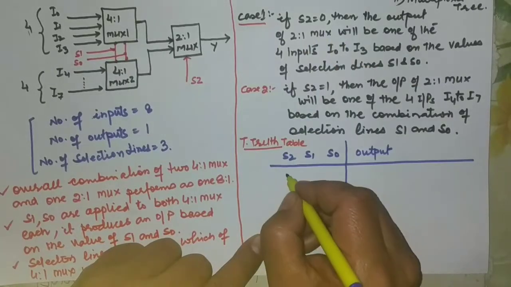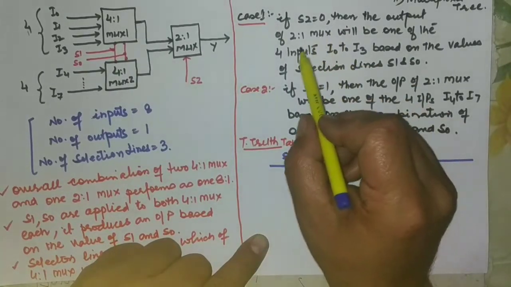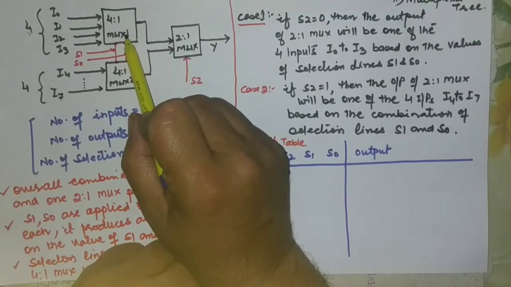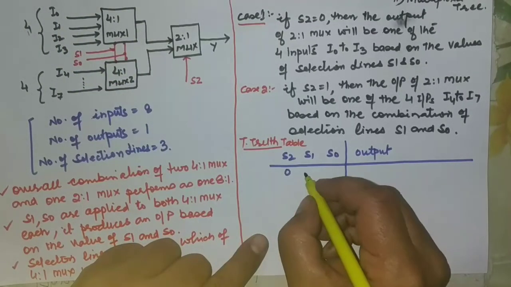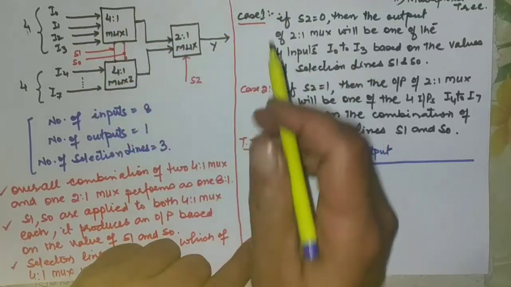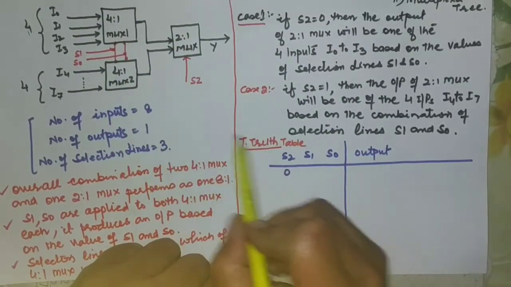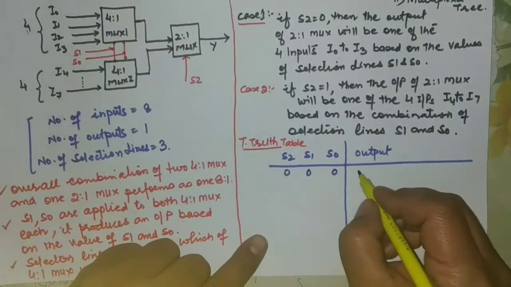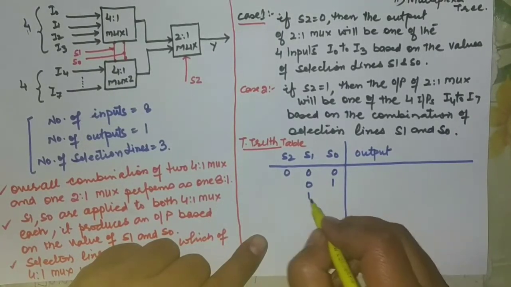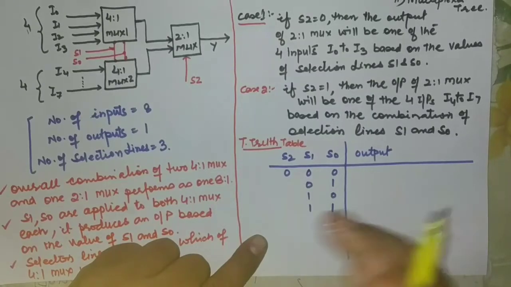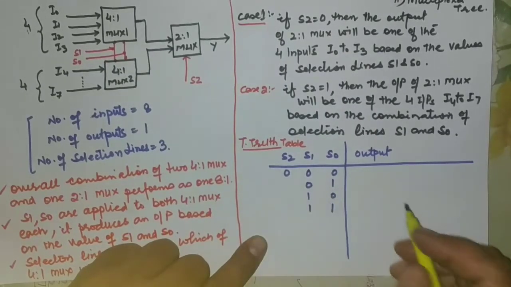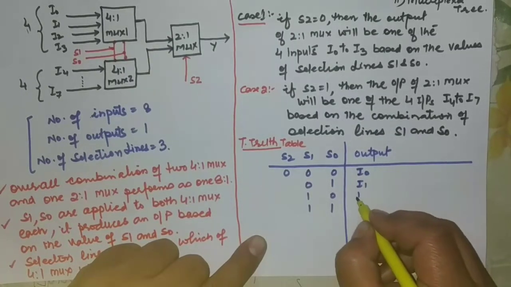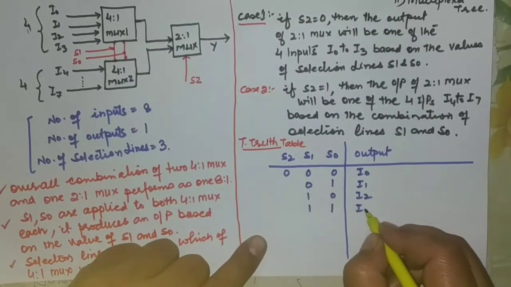See, when S2 is equal to 0, then this mux 1 will be selected, and what input will be selected as output, that value depends upon S1 and S0. So when it is 0 0, 0 1, 1 0, 1 1, then the output is I0, I1, I2 and I3.